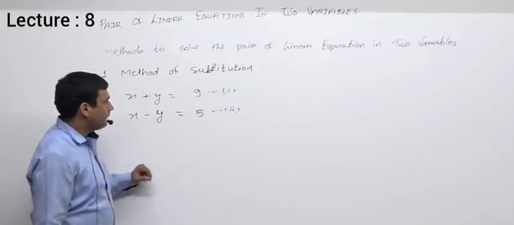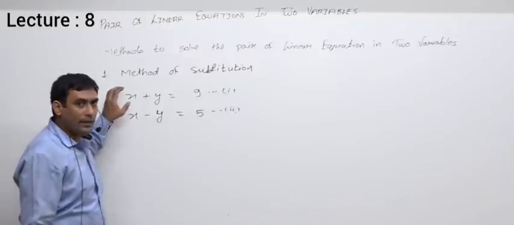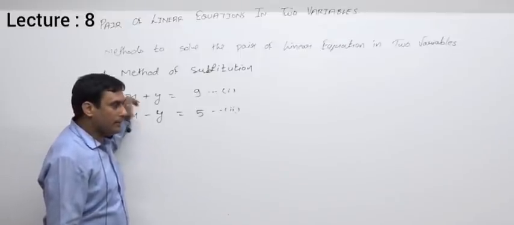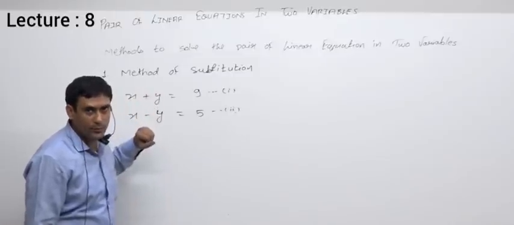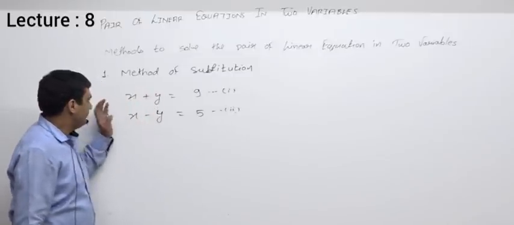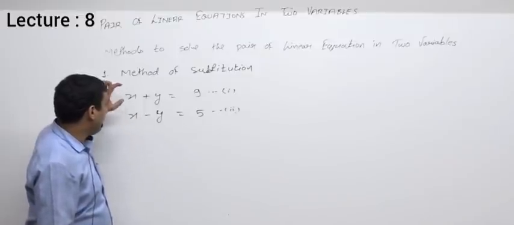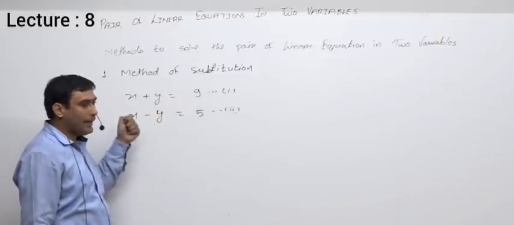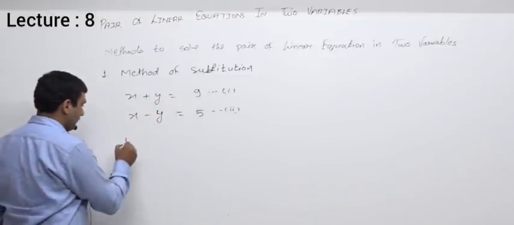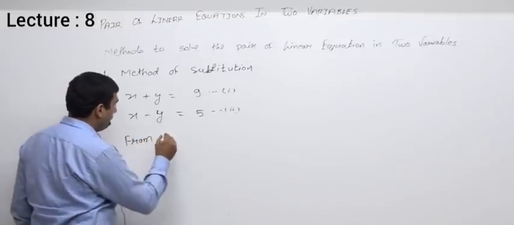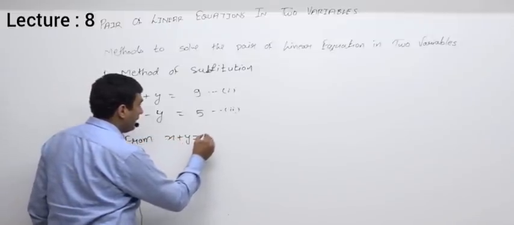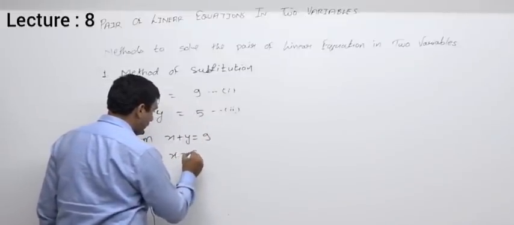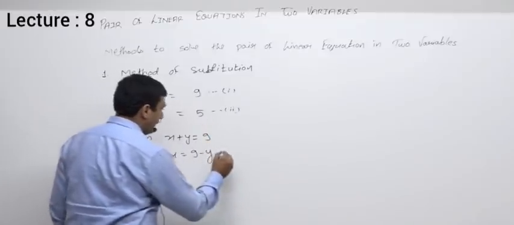So the method of substitution says: get the value of any one variable from any of the equations and substitute that variable in the other equation. So I will find the value of x from equation 1, and then I will substitute x in equation 2. From x plus y is equal to 9, x is equal to 9 minus y.